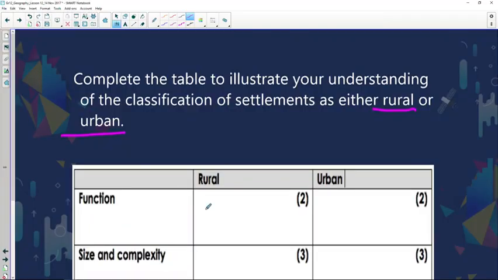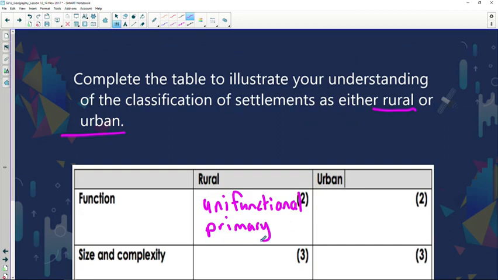So if you look at the function with rural areas, you can usually say it's unifunctional. It's usually primary activities taking place.